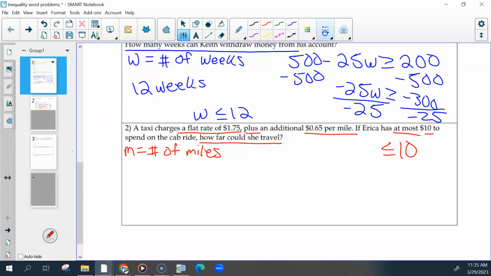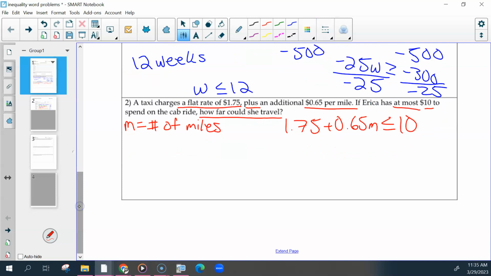Anyone have an idea as to how we would set this up? Andrew? And then we would solve. .65m is less than or equal to 8.25.